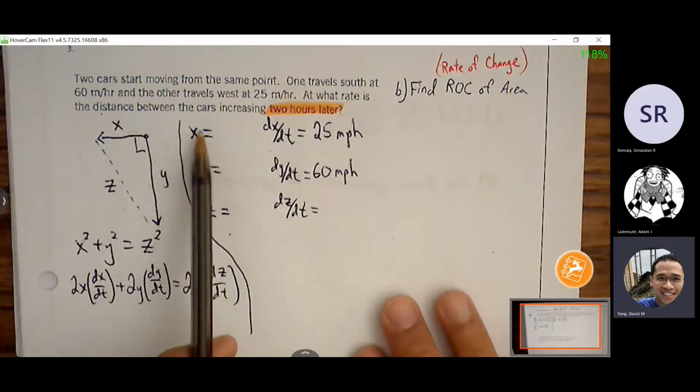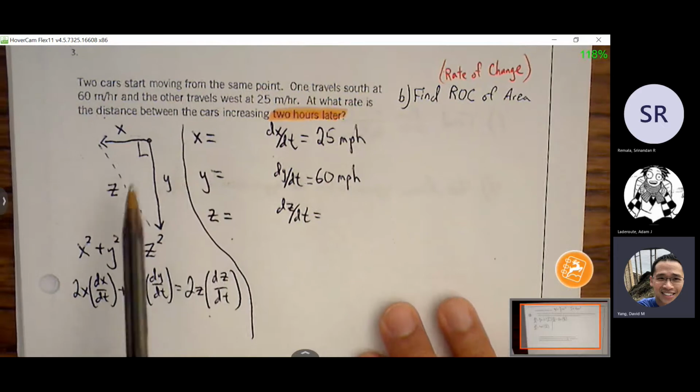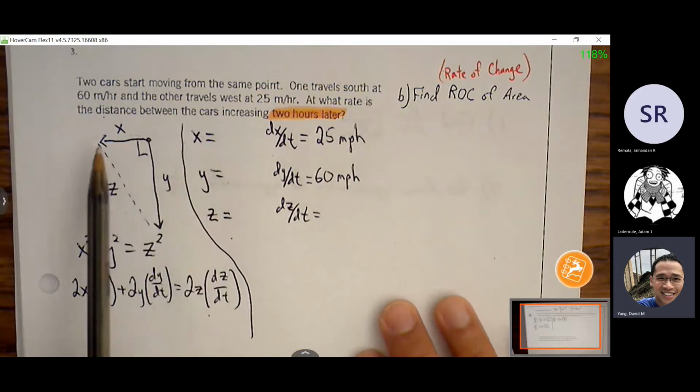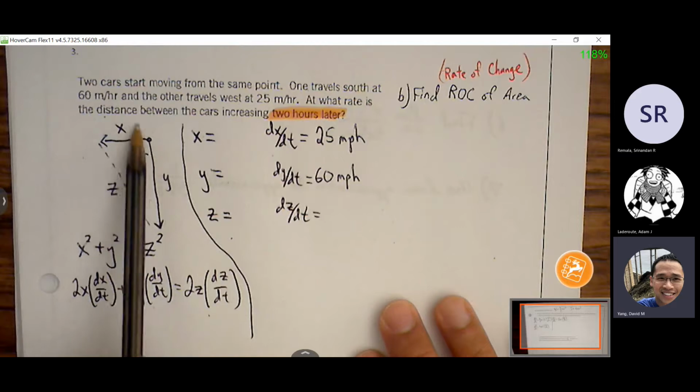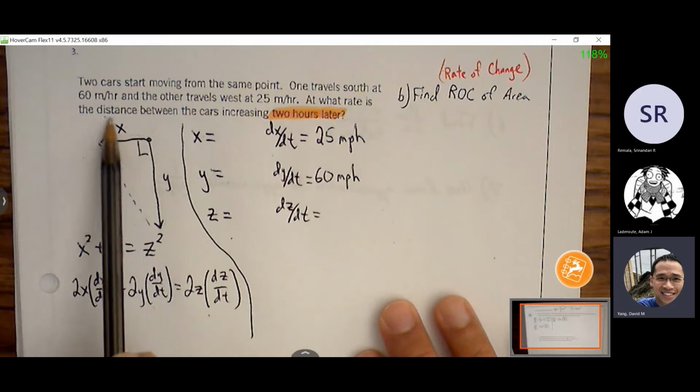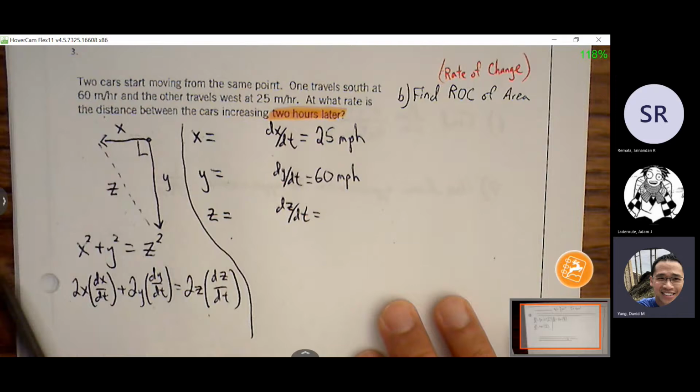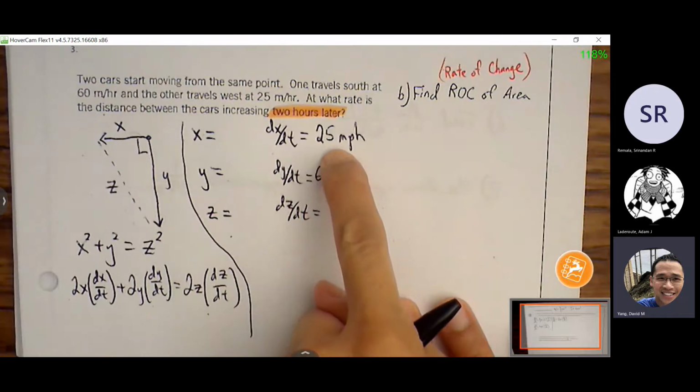Okay, so we also have to be able to assign x, y, and z as well. Any idea what the length of x would be? 50. Okay, why 50? Because it's going 25 miles an hour and the time is 2 hours, so 25 times 2. Right, so sometimes your distance is not given to you. You have to figure it out on your own.